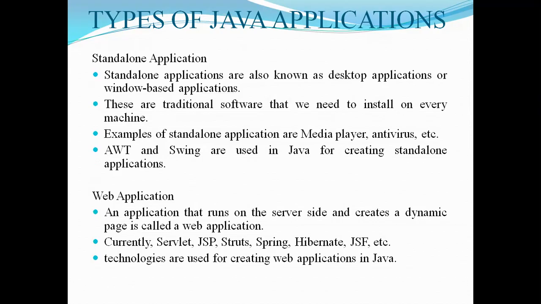So, an application that runs on the server side and creates a dynamic page is called a web application. And what are the technologies used for web applications? Currently, servlets, JSP, Struts, Spring, Hibernate, JSF, etc. are the technologies which are used for web applications.